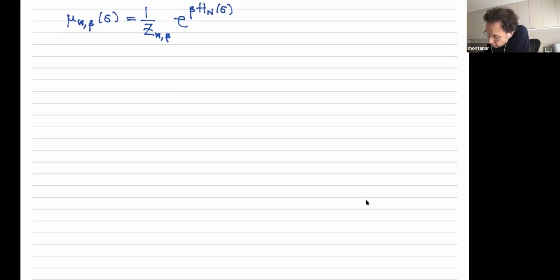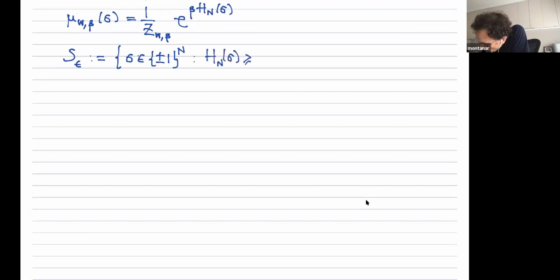Now, a more natural way, perhaps for some discrete mathematicians or computer scientists, would be to look at the super level sets. So this is the set of sigma that are at least bigger than 1 minus epsilon of opt.